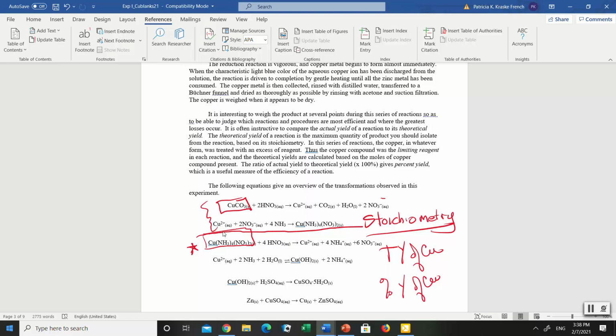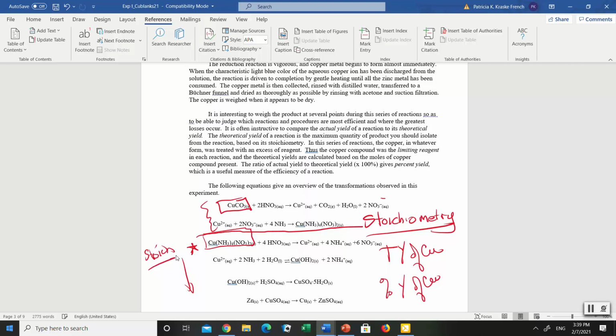So we're trying to get the cleanest starting material we can get. And the cleanest starting material we can get is this copper tetramine complex. So after you make this copper tetramine complex, you're going to clean it up using methanol so it doesn't dissolve, and then dry it. Then you'll mass it. And from this point on, you'll be doing stoichiometry.